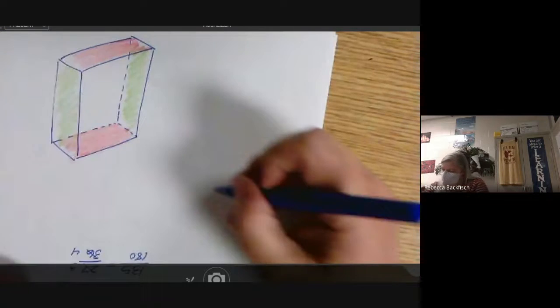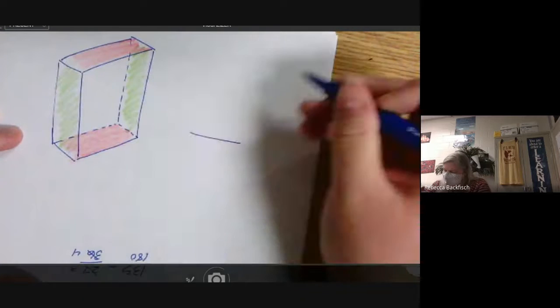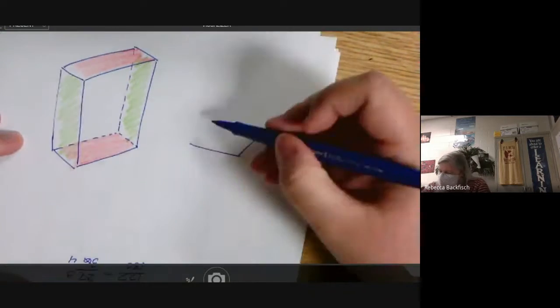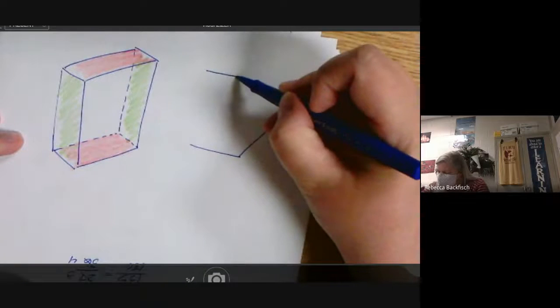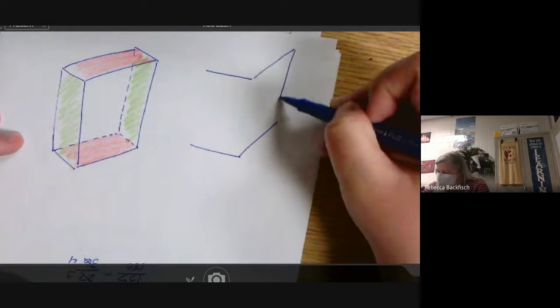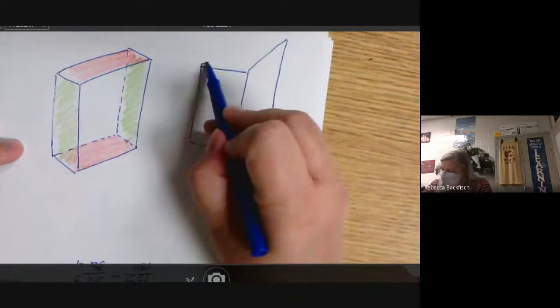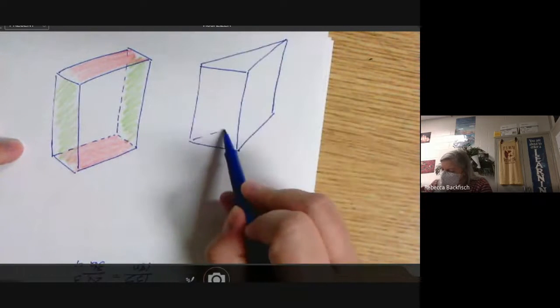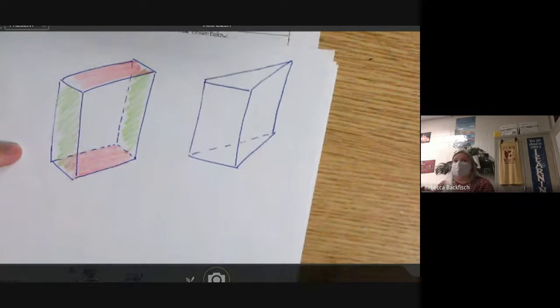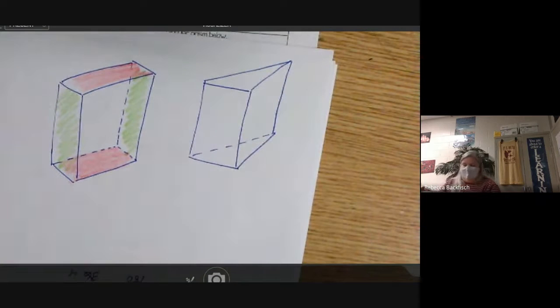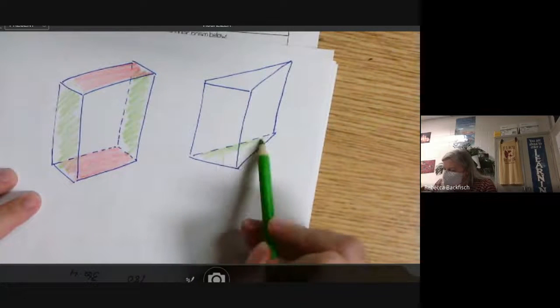Now, it's been a while since I've drawn triangular prisms, so let's see how I can do. Yeah, that was not the straightest line. All right. There's a triangular prism. And again, these are my bases, the triangles.